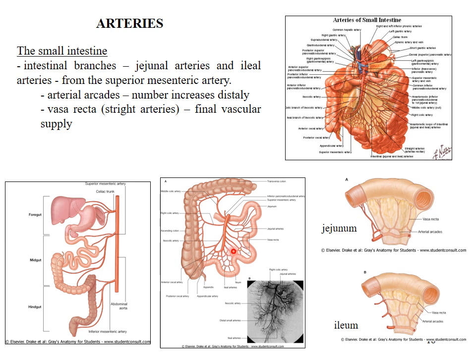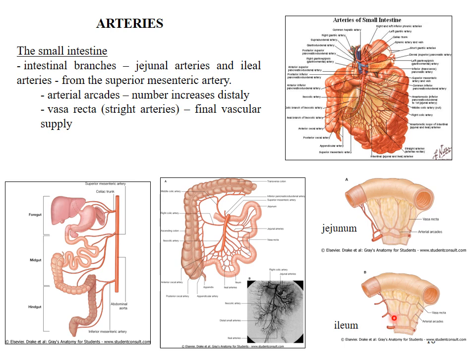There are one or two arcades between the peritoneal layers of the mesentery. The terminal branches of the arcades are the vasa recta, or straight arteries. This is the final supply.